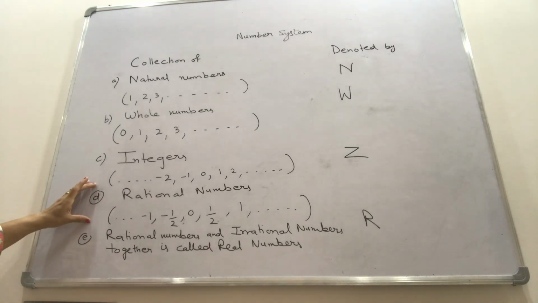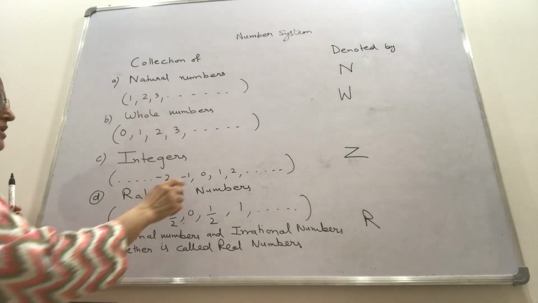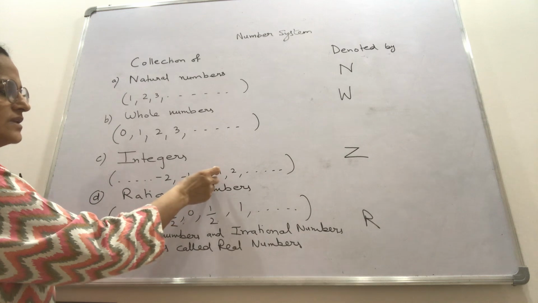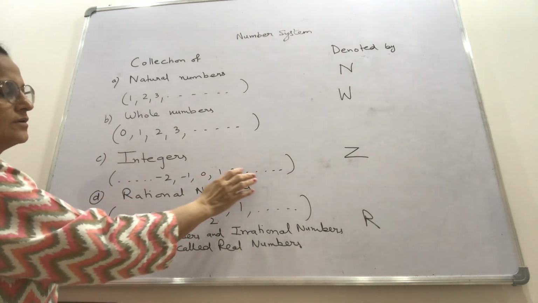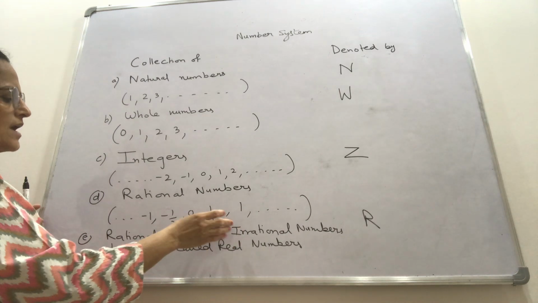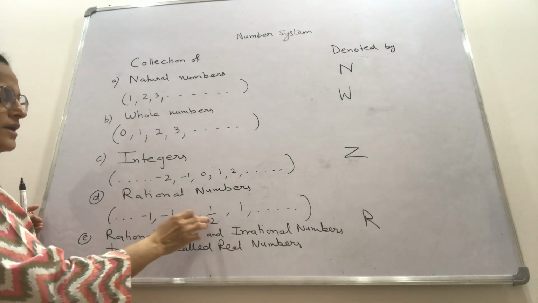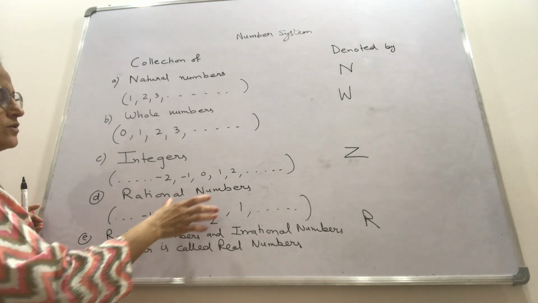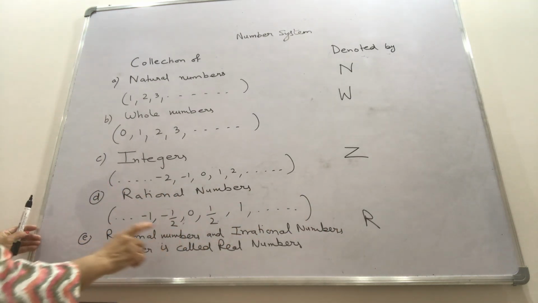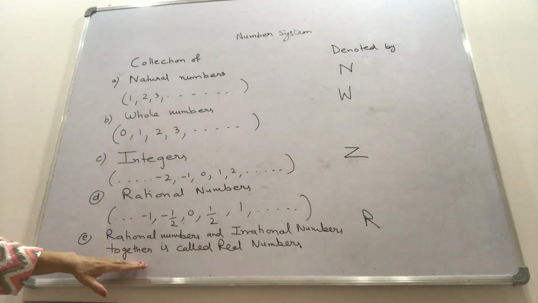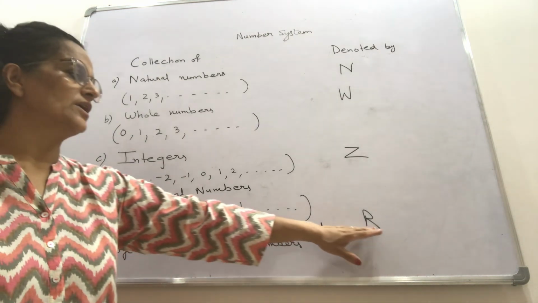Then we talk about rational numbers. Now in between your integers there are fractions also. So these positive ones are fractions, and when you talk about negative and positive, we call them rational numbers. And rational numbers and irrational numbers together are called real numbers.